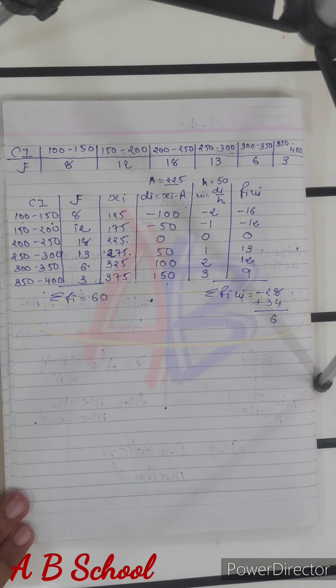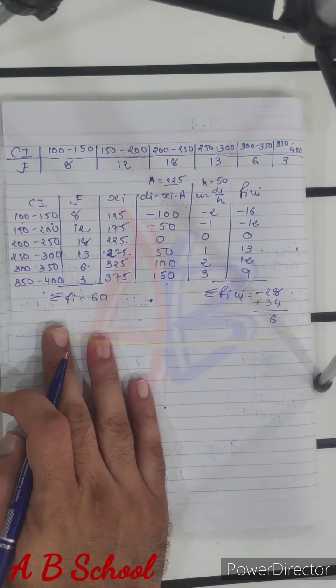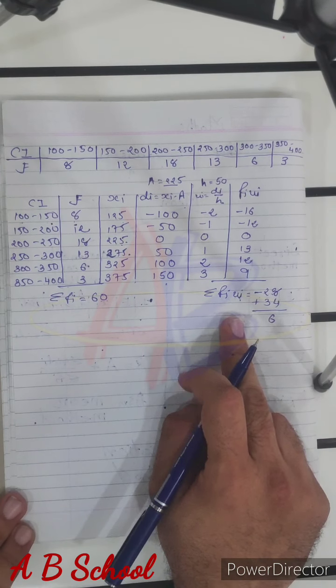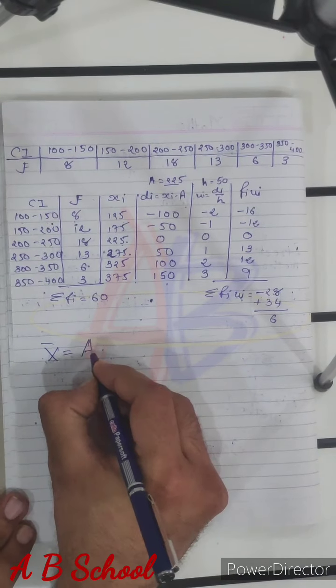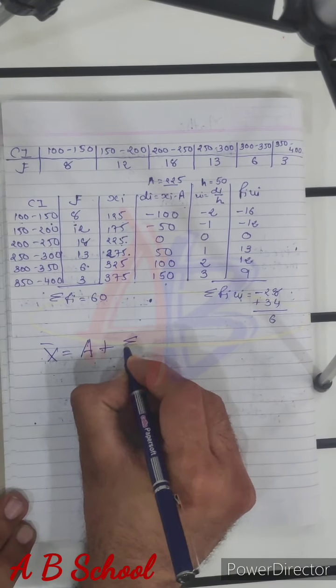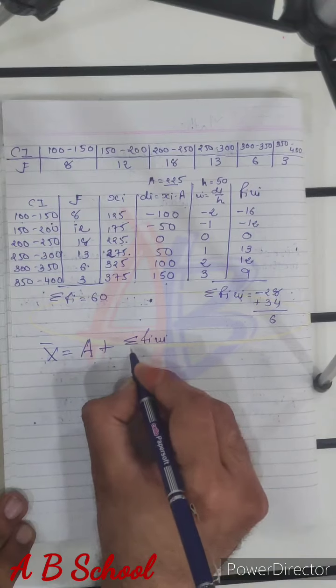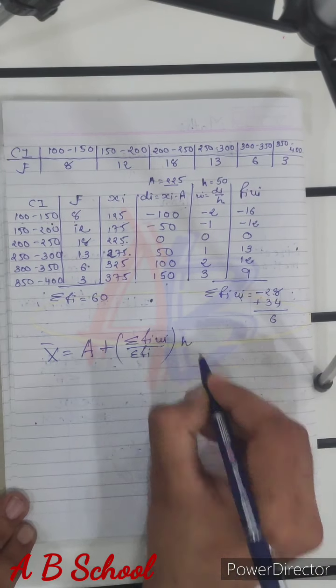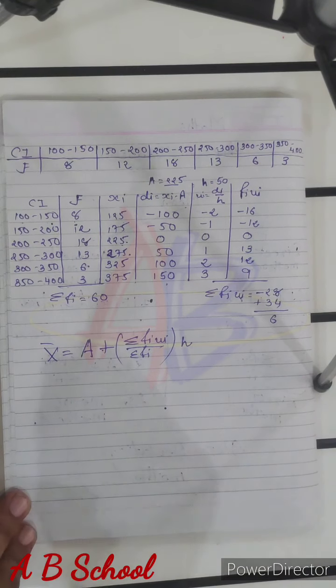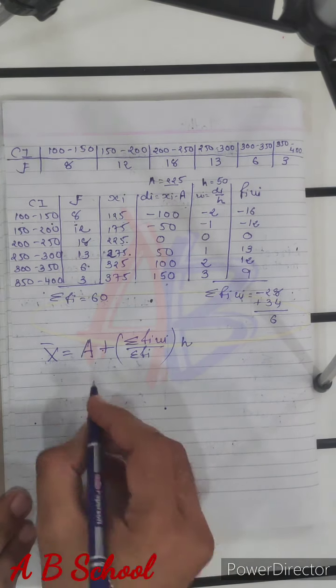So as you can see, I have obtained summation fi and summation fi ui. Now the formula is x bar is equal to a plus summation fi ui upon summation fi into h. This is the formula for finding mean with the help of step deviation method.